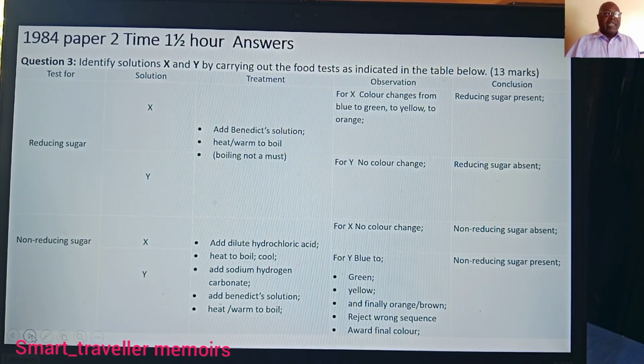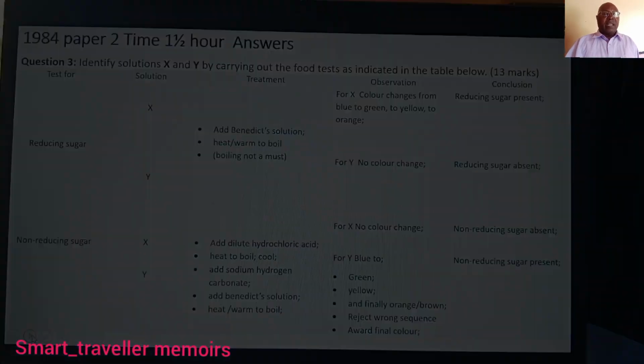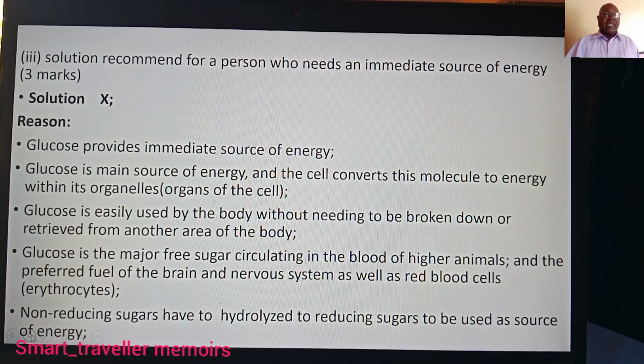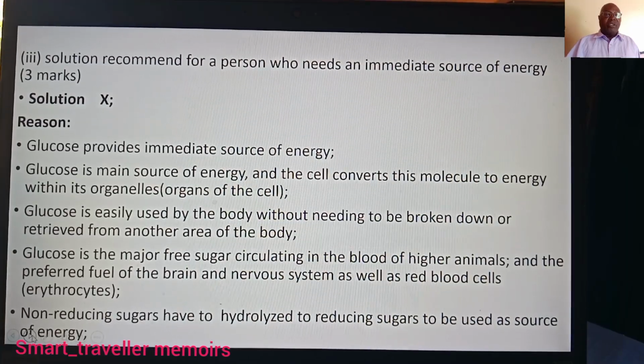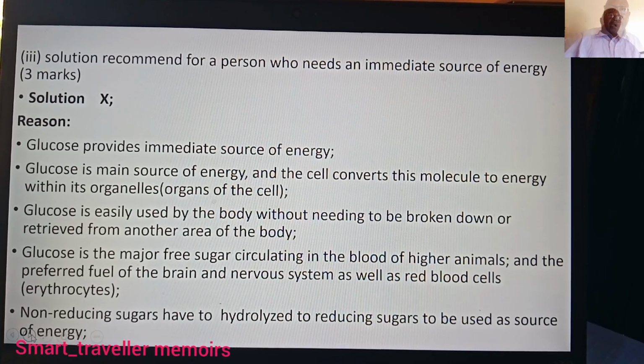So if you say color changes to orange, you get a mark. But if you commit yourself to write the series, that is from blue to green to yellow to orange, the sequence must be correct. And therefore the conclusion is that non-reducing sugar present.